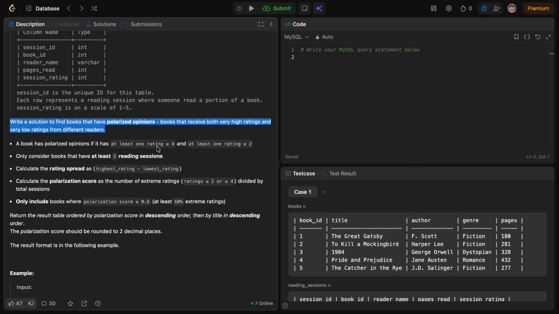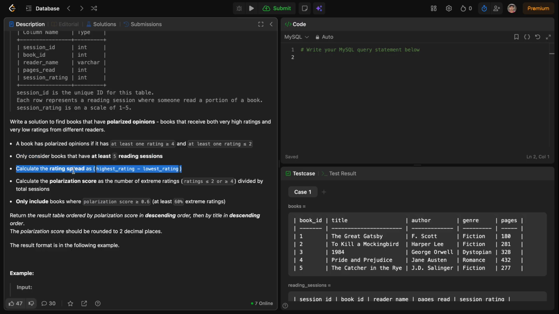We have some conditions. A book has polarized opinion if it has at least one rating greater than or equal to 4 and at least one rating less than or equal to 2. Only consider books that have at least 5 reading sessions.